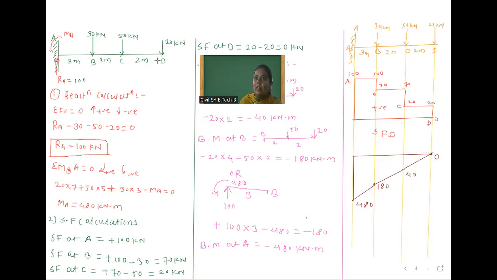Okay, so this is the bending moment diagram. Okay, please write down fast.